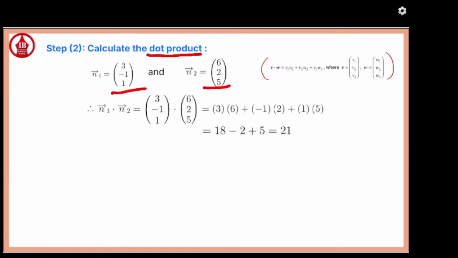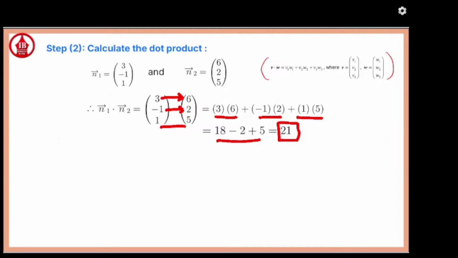Their dot product is given by this formula in your formula booklet: v dot w equals v1 w1 plus v2 w2 plus v3 w3. So we multiply the respective components and add: 3 times 6, 18, minus 1 times minus 2, plus 2, plus 1 times 5. Simplifying that, I get 21. 21 is the dot product of n1 and n2.